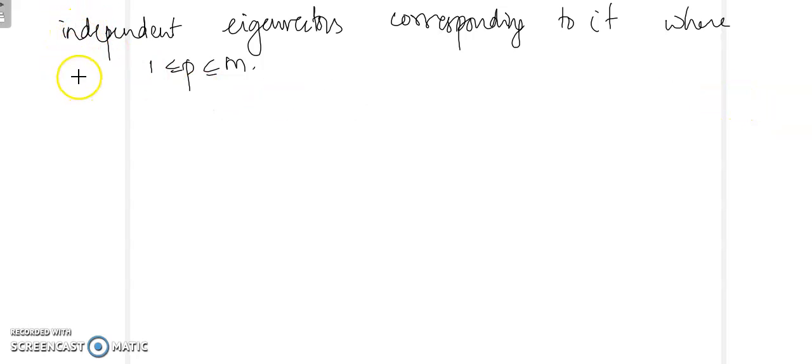So the next result is again regarding the multiplicity.